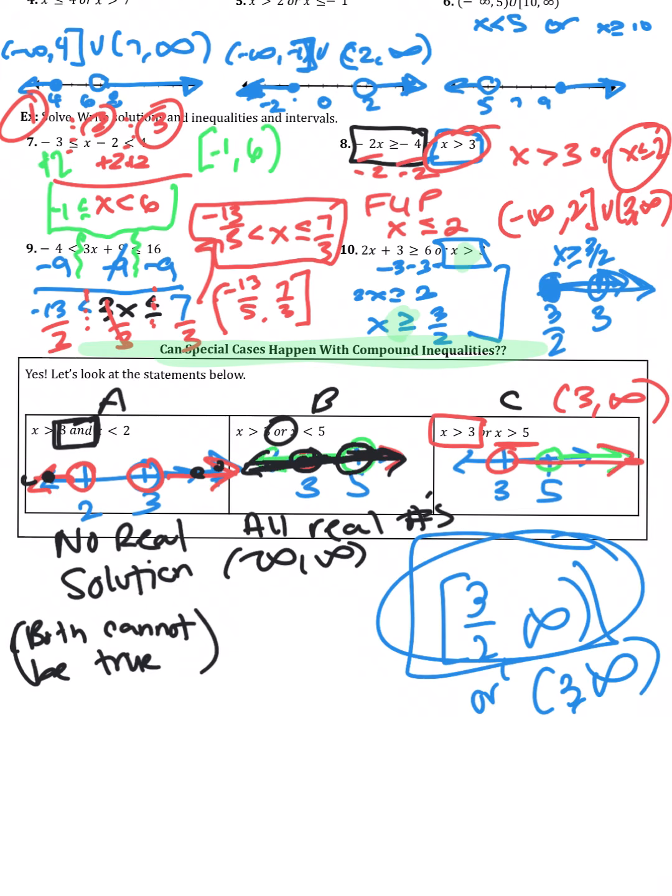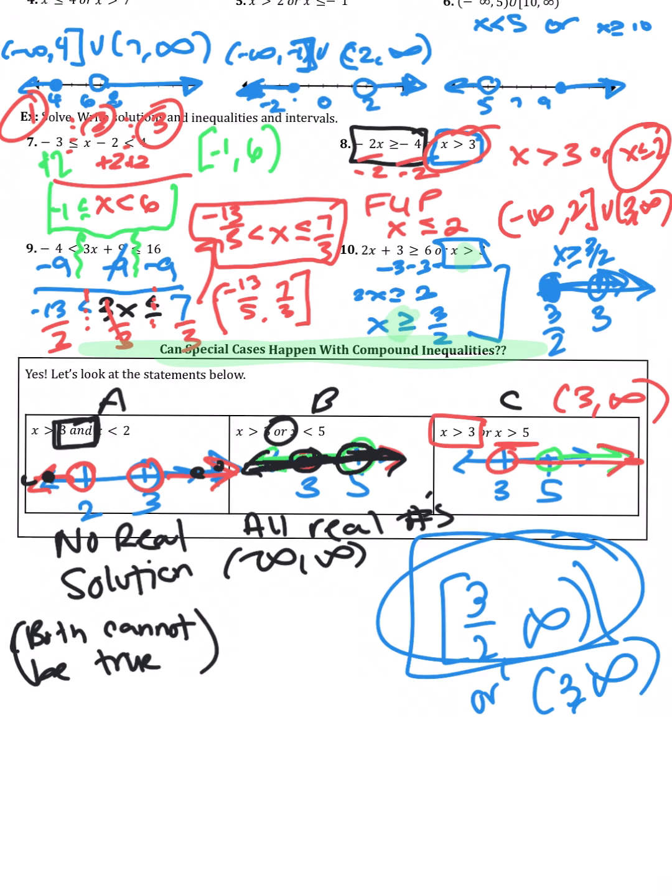So let's recap what we did in this section. We defined that the type of inequalities that we've been working with up to this lesson were simple inequalities, one inequality in one problem. We built on that idea today by talking about compound inequalities where there is more than one inequality within a given problem. There are 2 types of compound inequalities.